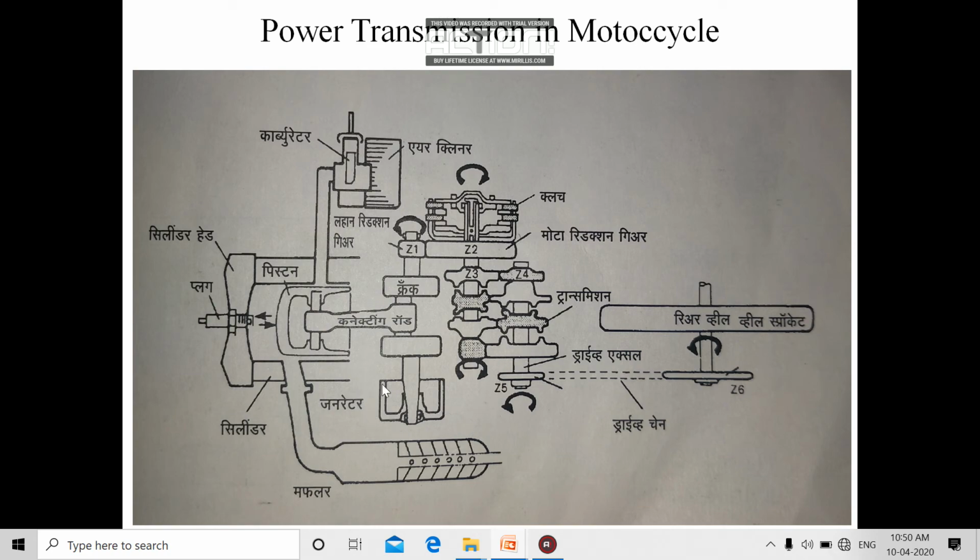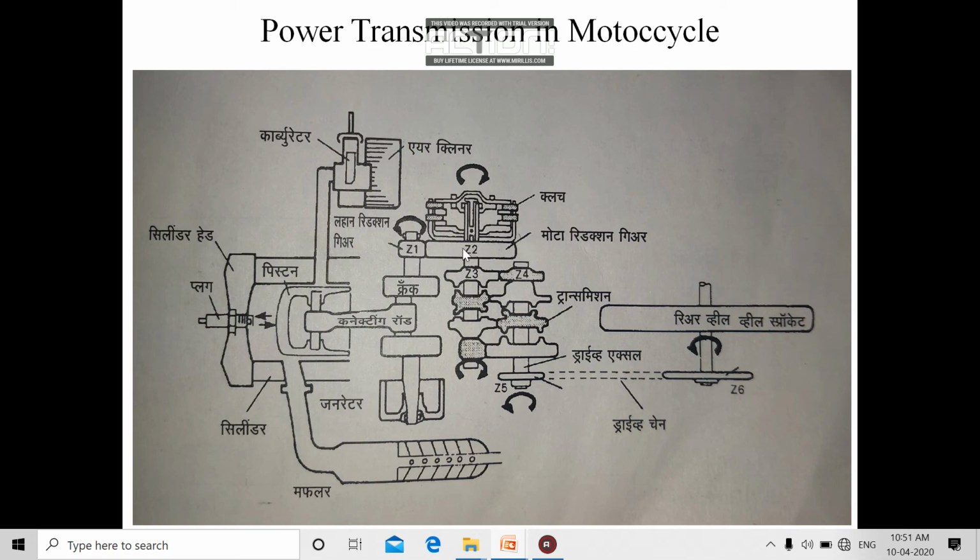Now let's see further. There are two reduction gears, or two reduction systems. One is known as the primary reduction, and the second is the secondary reduction. There is one gear located on the crankshaft and another gear located on the clutch housing basket.